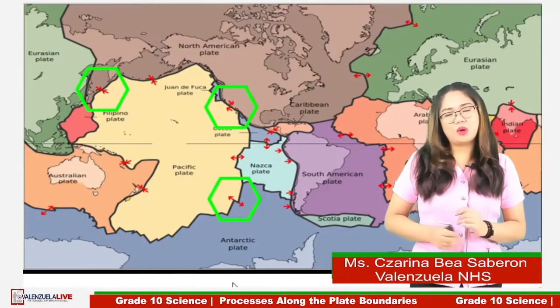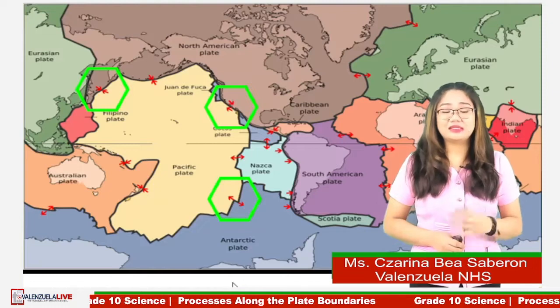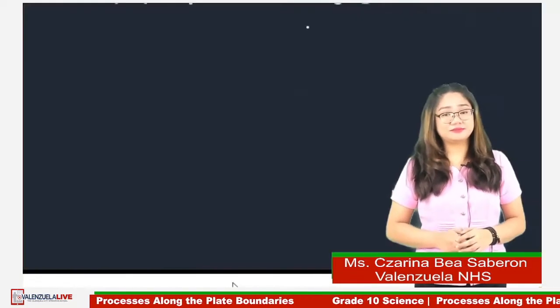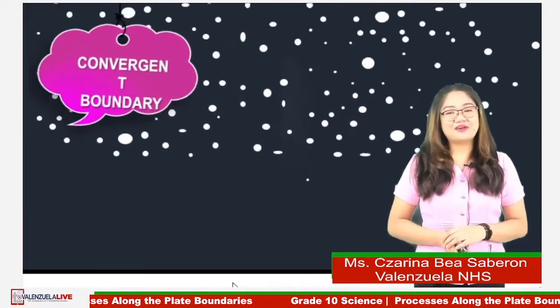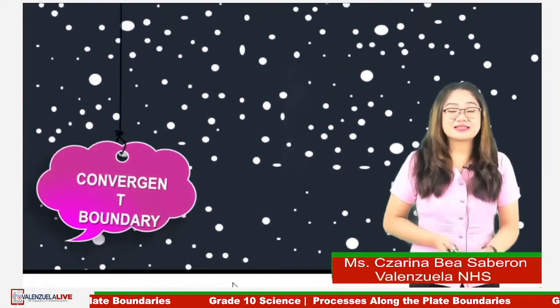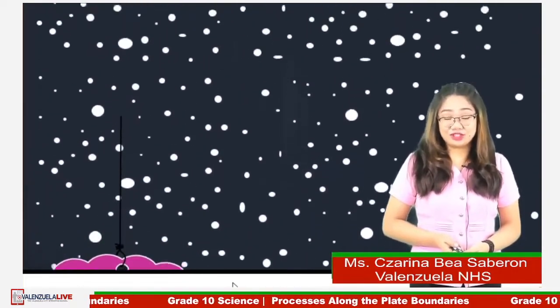So, what are those processes that could give rise to the beautiful sceneries that we see in our nature? So, let us start with the first process, which is the process happening along the convergent boundaries.